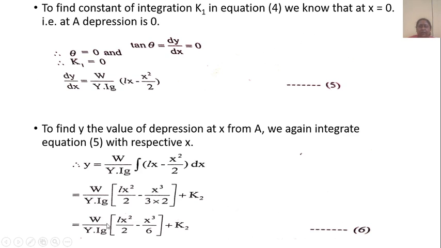Simplifying, W upon Y into Ig into (Lx square upon 2 minus x cube upon 6) plus k2. Again at x equal to 0, y equal to 0, we get k2 equal to 0.